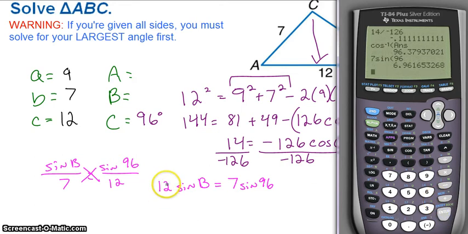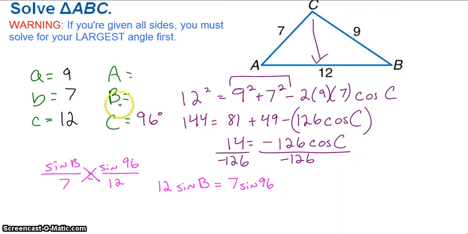I'm going to divide that answer by 12 and take my inverse sine. So angle B is about 35 degrees. And then for angle A, I just take 180 minus that 35 minus 96, and I get 49 degrees.